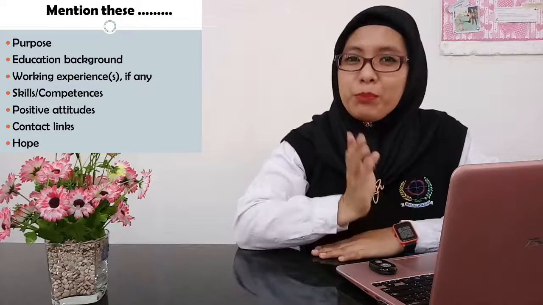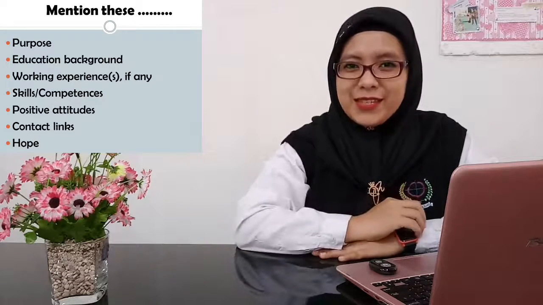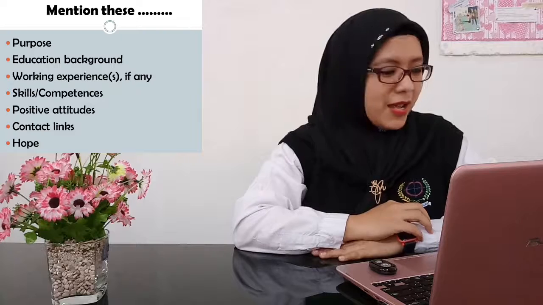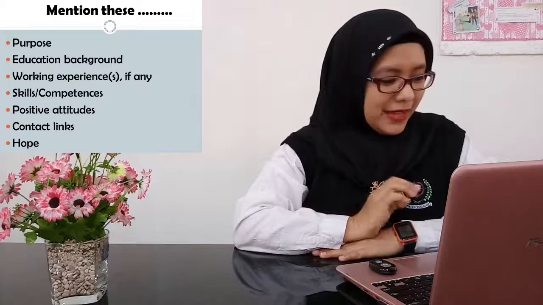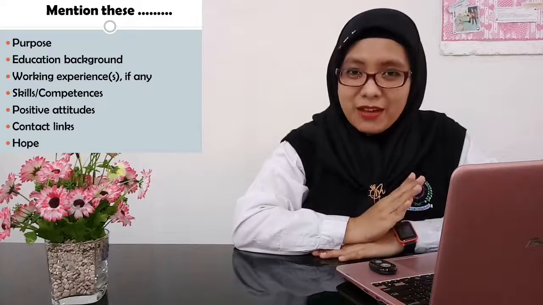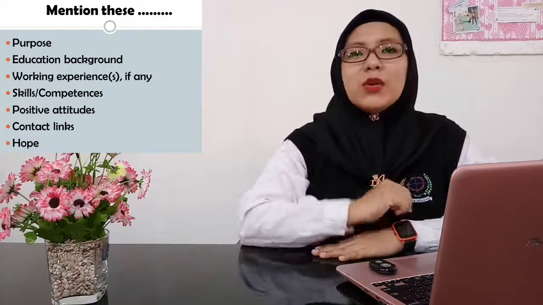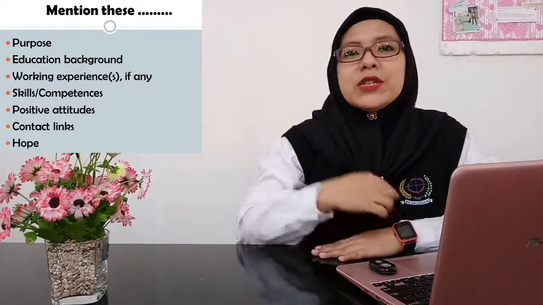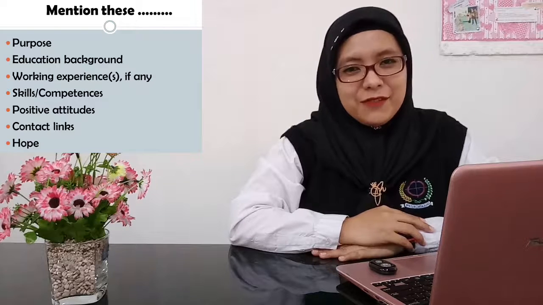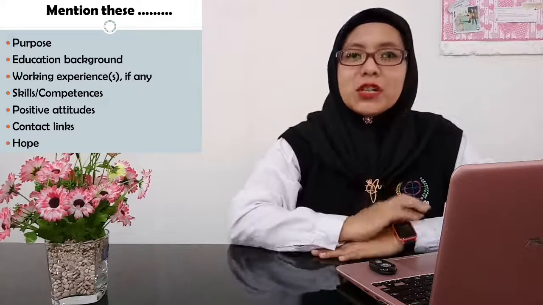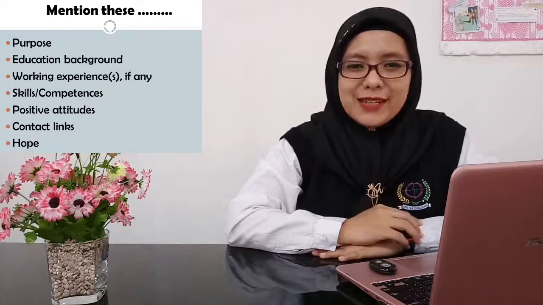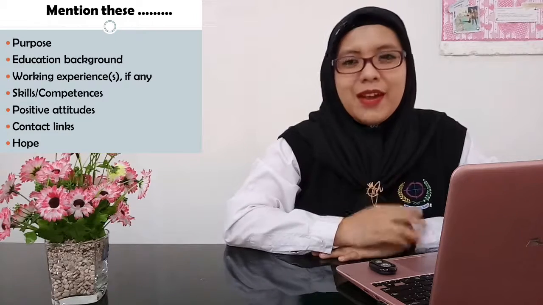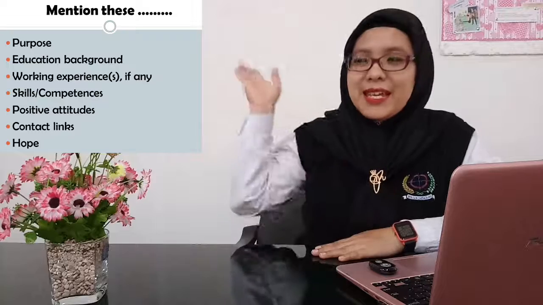You would begin with the purpose of you writing the application letter, and then you could continue with telling the employer your education background, and then working experience if you have, and then you can continue with telling the employer your skills or your competencies. Also, you can add about your positive attitudes, also the contact links, and you would close it with a hope, of course. Later on, after this, I will describe exactly what can you mention in each items.